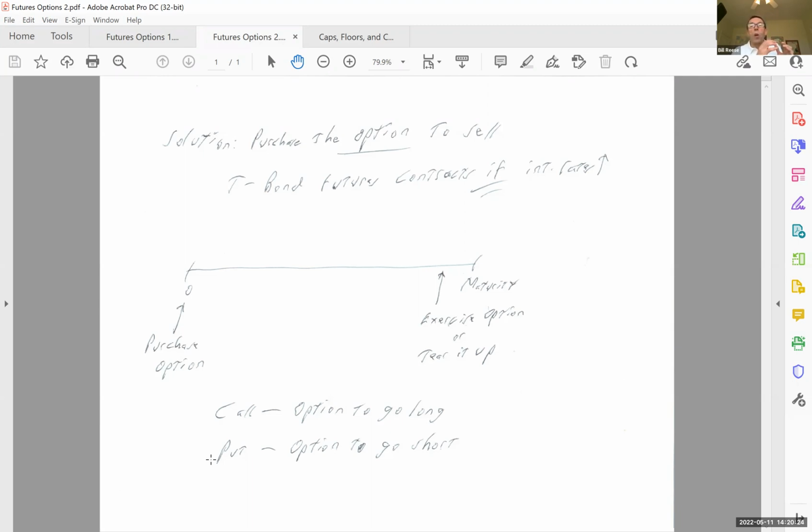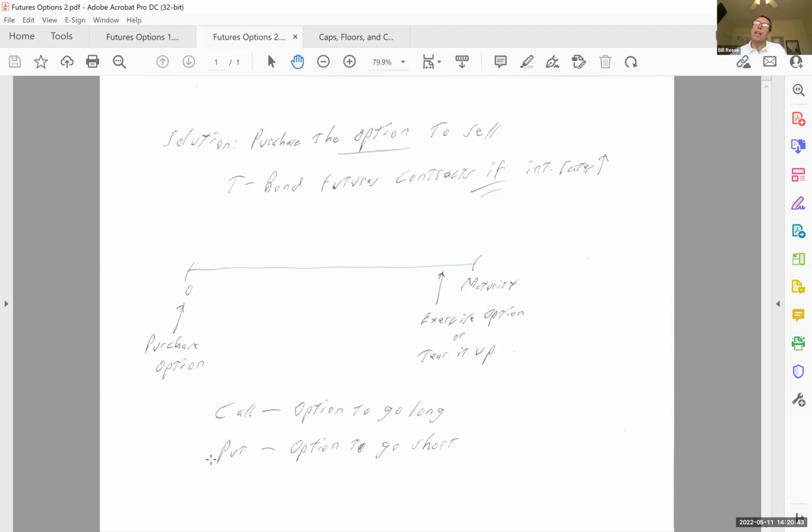And so if you want to go long in interest rate futures contracts, you will buy a call. If you want to go short on interest rate futures contracts, then you would buy a put. In neither case are you selling a put or selling a call in this. You want to have the option.